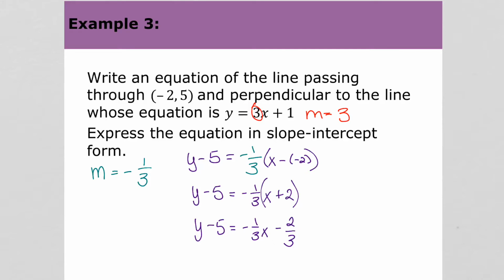Okay, and then add 5 to both sides. Negative 2/3 plus 5 is, in decimal form, 4.33. So that's the equation of the line that's perpendicular to y equals 3x plus 1.